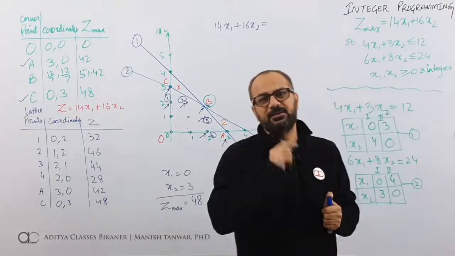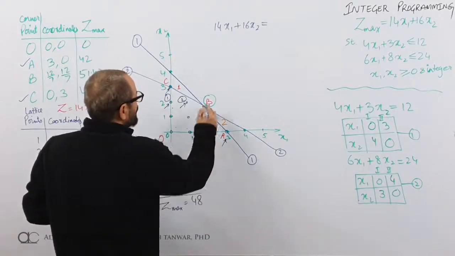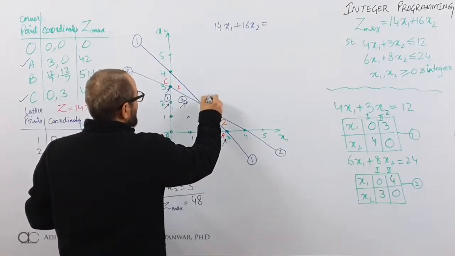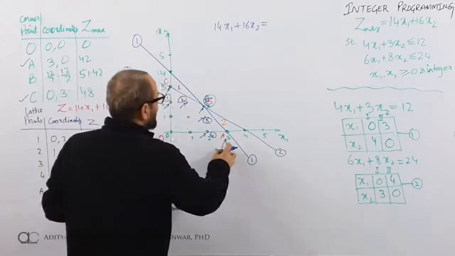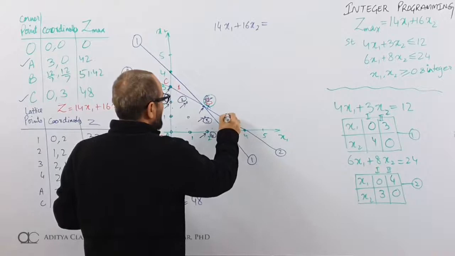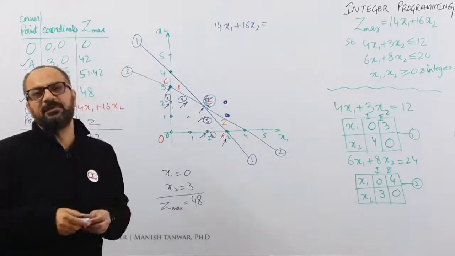We cannot break the feasibility of the problem. If I had taken a point, let's say 2, 2, then 2, 2 would have been somewhere over here. It would have broken my feasibility. If I had taken a point 3, 1, it would have been here. If I had taken a point 3, 2, it would have been here. These were breaking my feasibility.